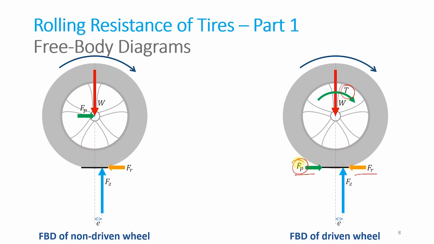Note that this Fp should have the same magnitude as Fr in order to keep the velocity constant.